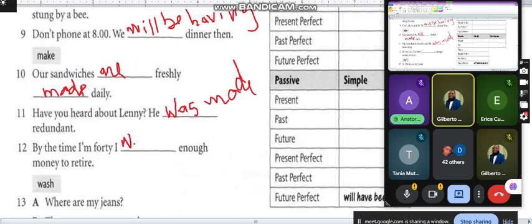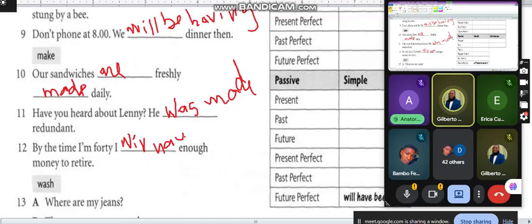For number 13, I have the answer: washed. Why? They are being washed at the moment. First, the jeans are the receiver of the action. Practically, we're saying that someone is washing them, so the verb must be in the passive.